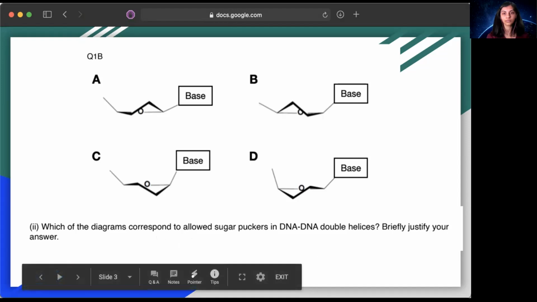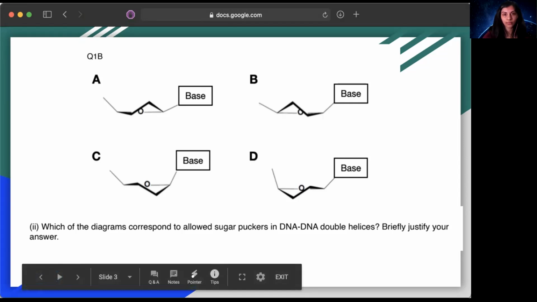Awesome. Cool. So C and D aren't adopted in the two conformations that we learned about that DNA typically will adopt, which are the A and the B form. So C and D will not be part of the answer. Awesome. Do you guys have any questions with regards to this one? If not, I will move on.